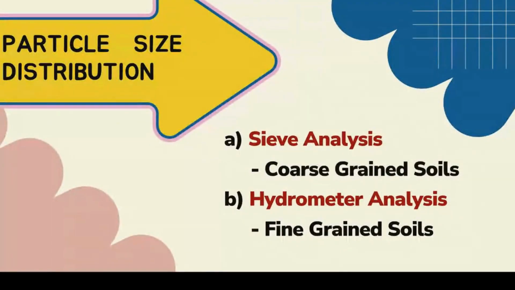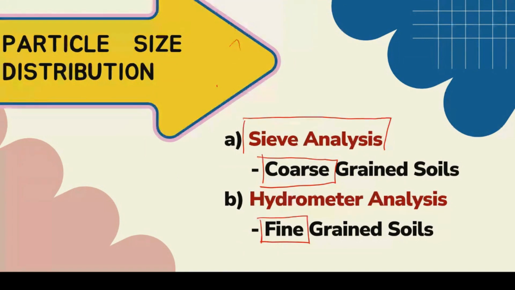So, we go to the particle size distribution. We have coarse grain and fine grain. How do you determine the coarse grain soil, the particles in the coarse range? We will use sieve analysis.